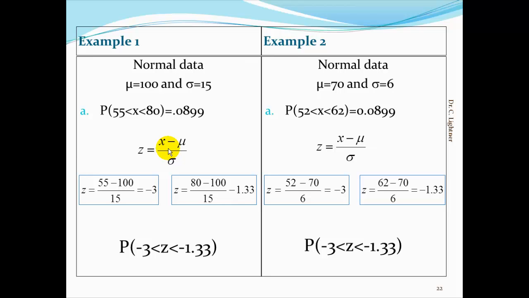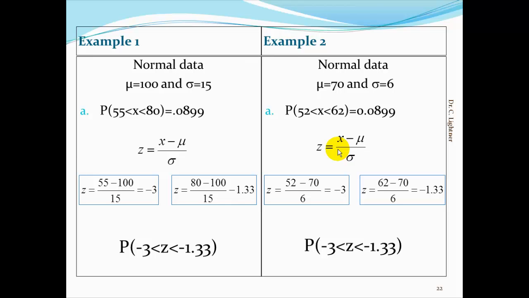For example 2, we apply the same z-score formula. However, we use the mean and the standard deviation for this data set. We compute the z-score for the number 52 as 52 minus the mean for this data set, which is 70, divided by 6. This gives us a z-score of -3.